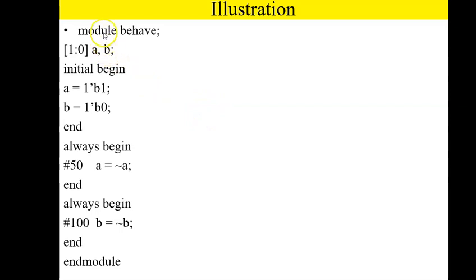So module behave, because there are no inputs or outputs here, it's simply some operation. A and B are taken as vectors. Now initial begin. A is defined as a 1-bit value, whose value is 1. B is defined as again of size 1 bit, whose value is 0. End.